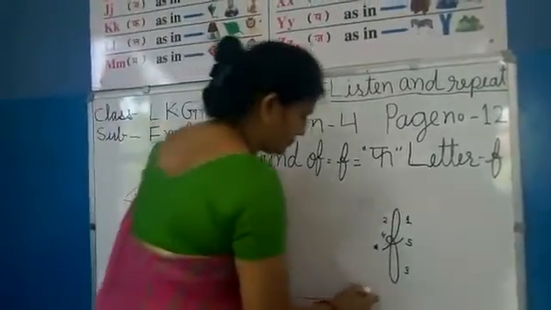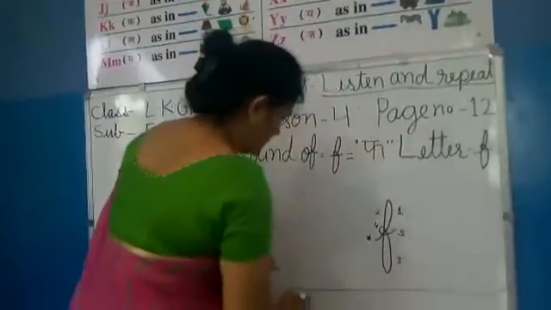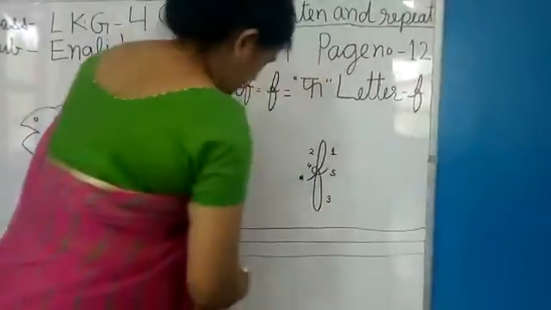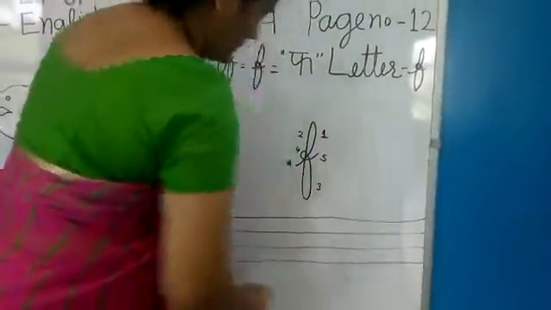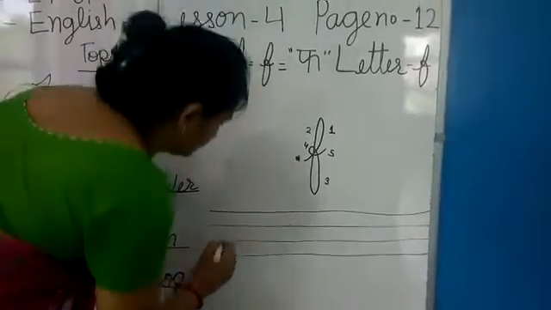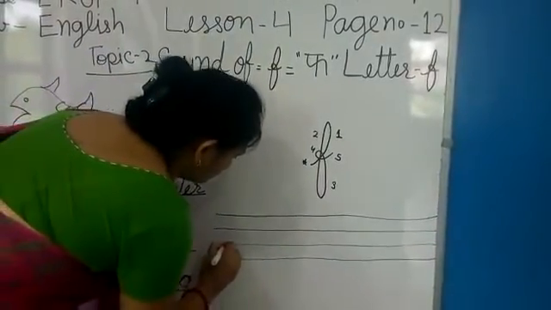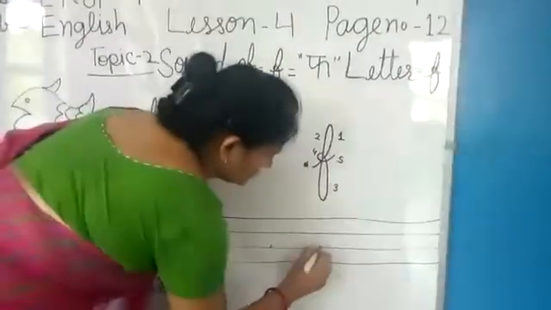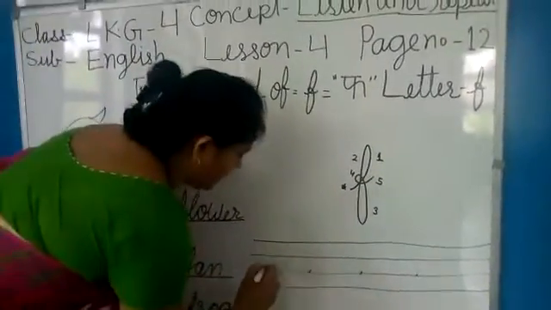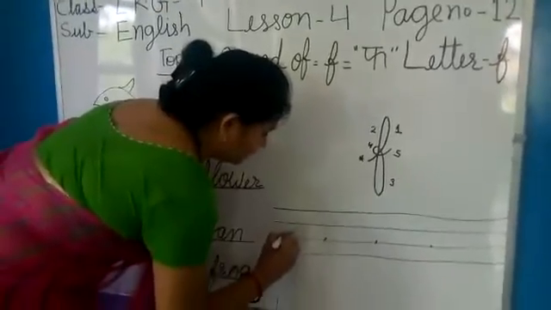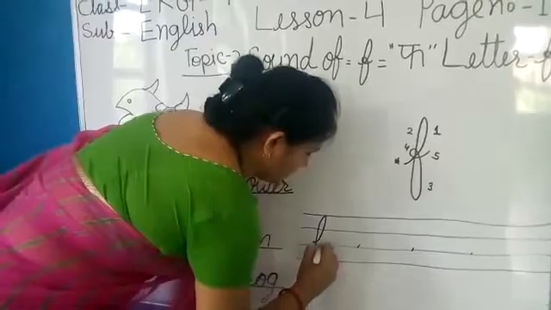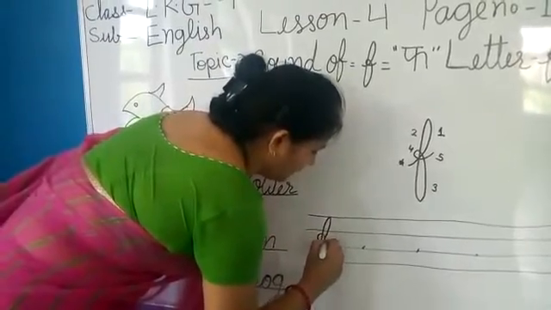Now write in line. So, start letter F. Go up and down, up and circle and up.